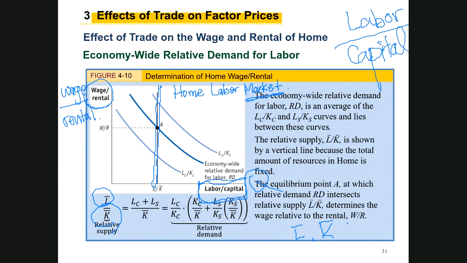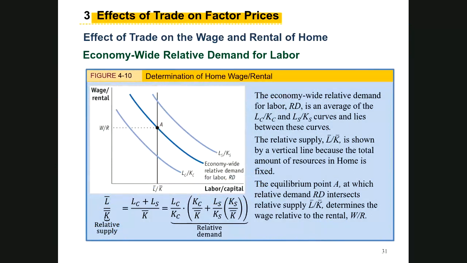If we use a mathematical equation to disentangle this, L, the total labor of the home country, is equal to the labor in the computer sector plus the labor in the shoe sector.